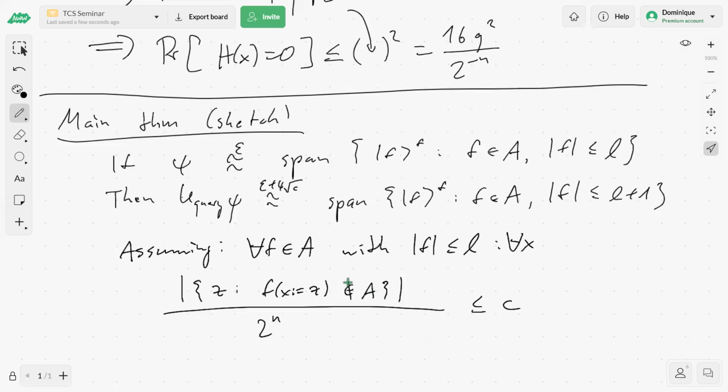There's exactly one value z that makes a 0 output, namely 0. The only output, if I set f to have a particular new output, there will be a 0 output only if that output is 0.